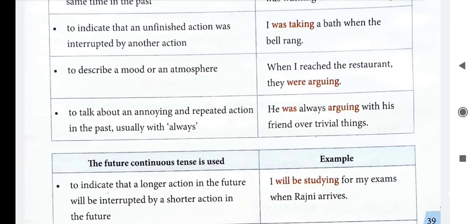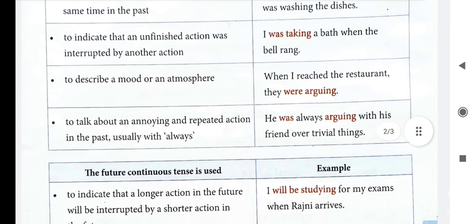When I went home, my siblings were fighting. When I went to the hostel, everyone was crying. So here we are describing the mood of the atmosphere, of the moment.